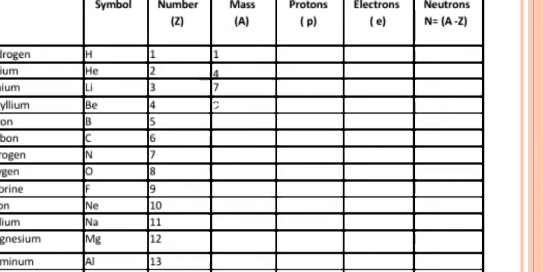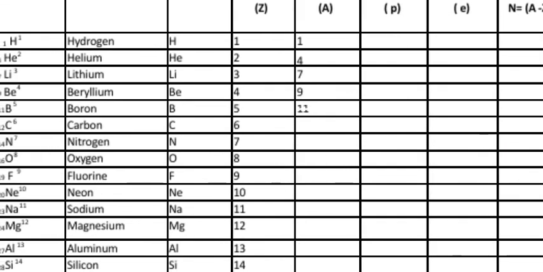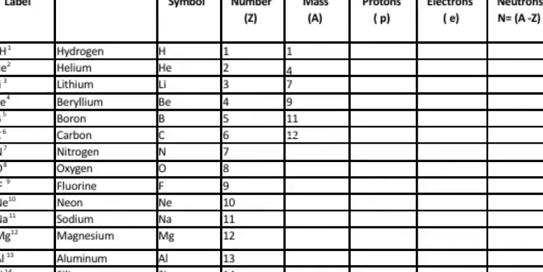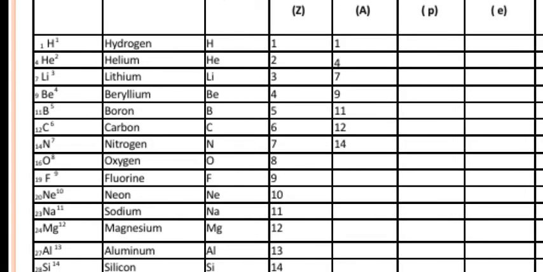And in the next column you have to write the greater number, the atomic mass. 1 for hydrogen, 4 for helium, 7 for lithium, and so on.